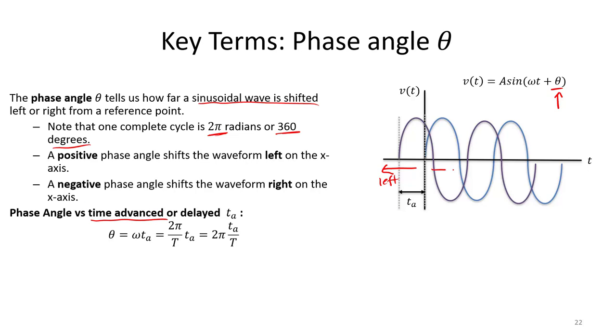And a negative phase angle will shift our waveform to the right and delay that sinusoidal signal. And you can see that using our relationships between angular frequency and angle, we can determine how much time we are advanced or delayed using the expressions here.